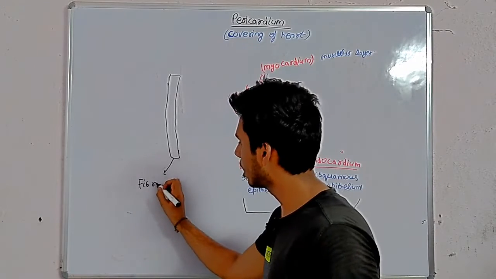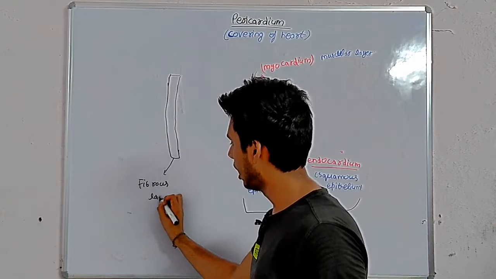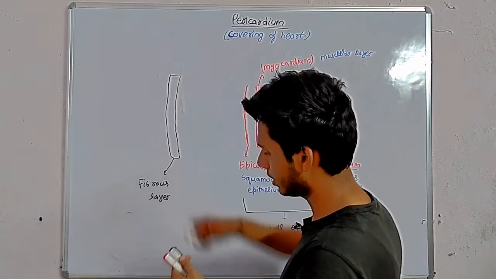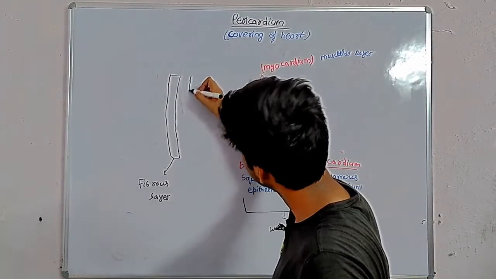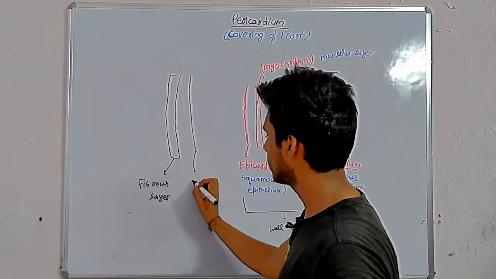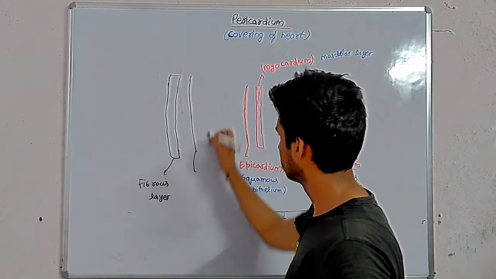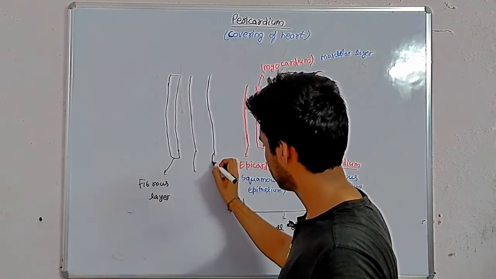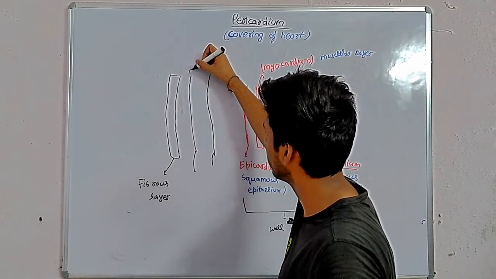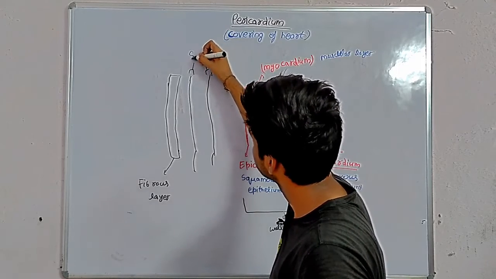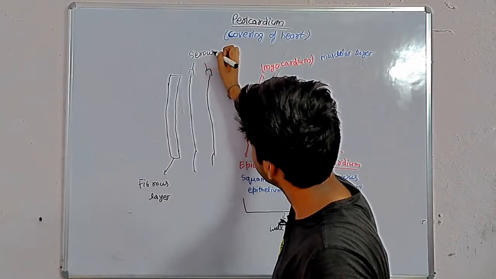The fibrous layer, and deep to it, the other layer is the serous pericardium. These 2 layers are both called serous pericardium.